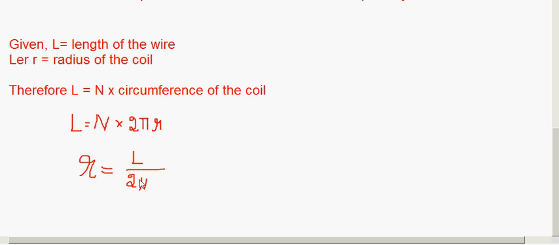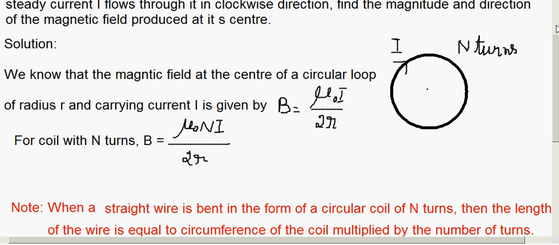Why did we find this? We need to calculate the radius r in terms of the length, because in the given problem we don't have the radius, we have only the length of the wire. In the equation mu naught N I by 2r, the r is coming, so replace this r by the given term, that is the length of the wire.